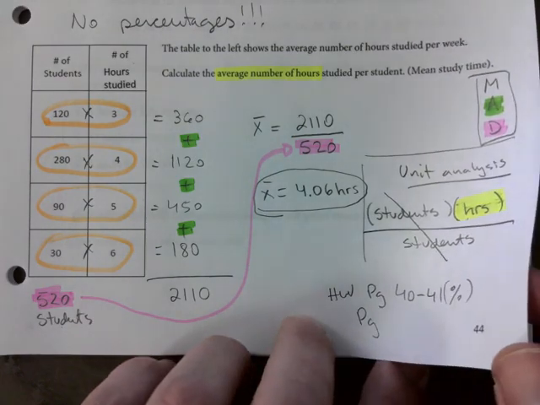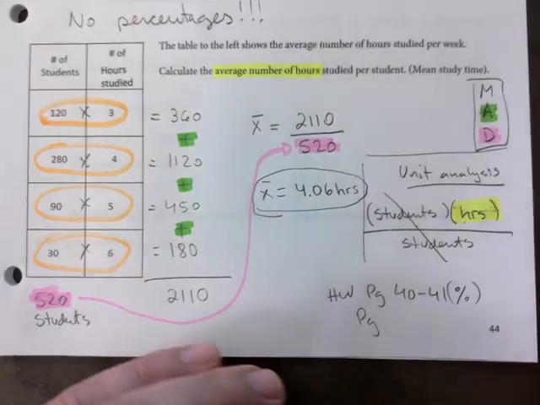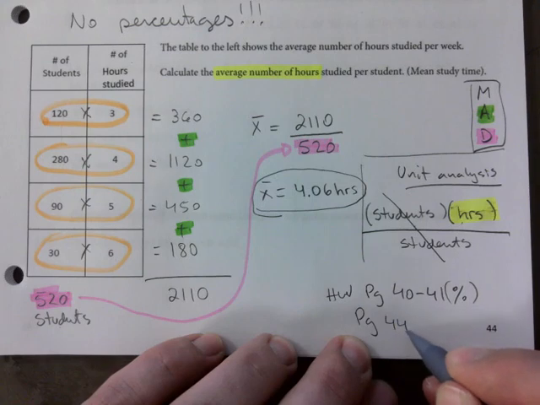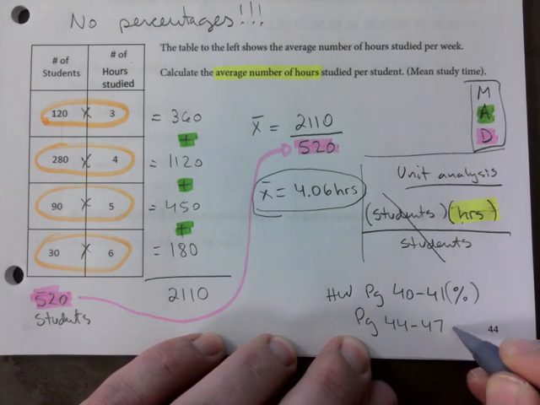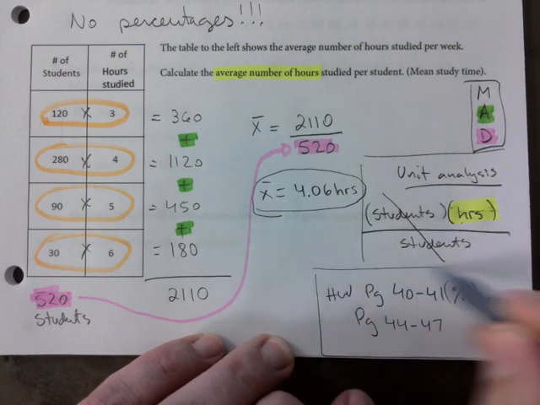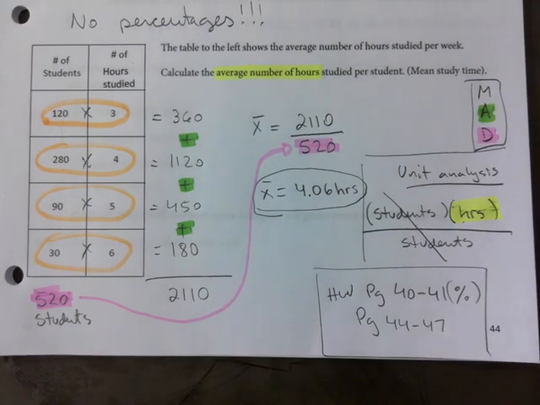Let me just peek here. 44 to 47. Yes. This is no percentages, right? So you want to write that down. I'm going to post that. And I would say homework goes in on a scale.